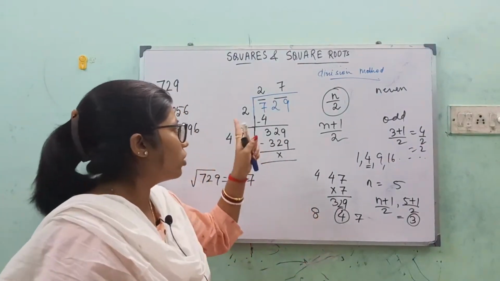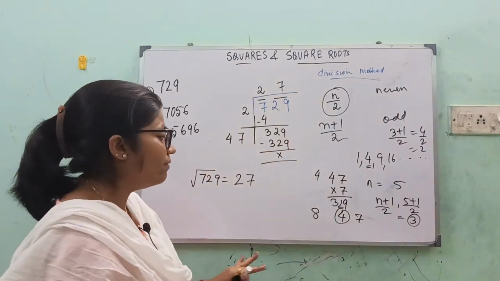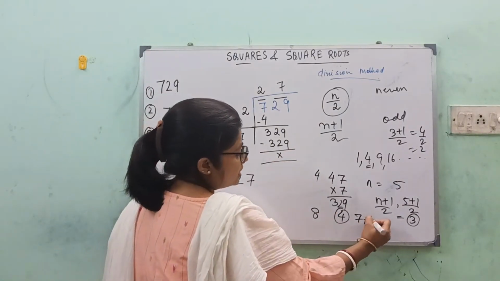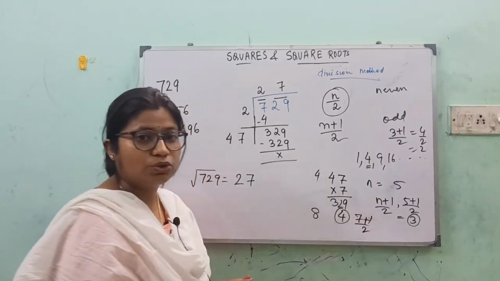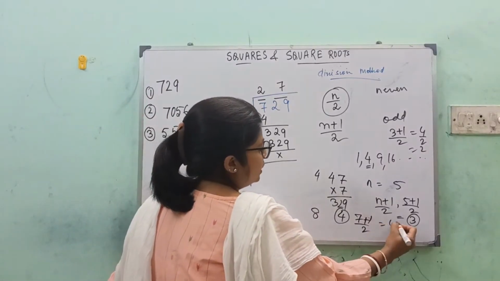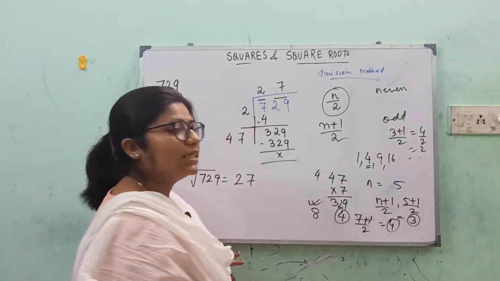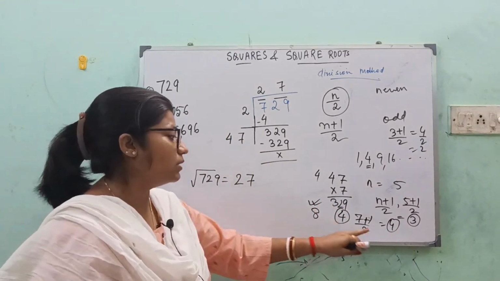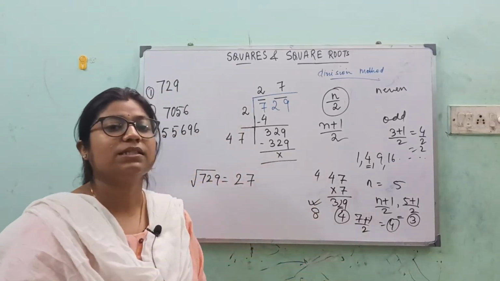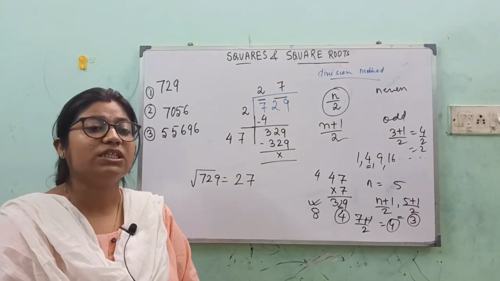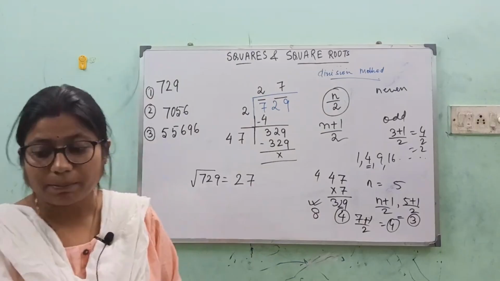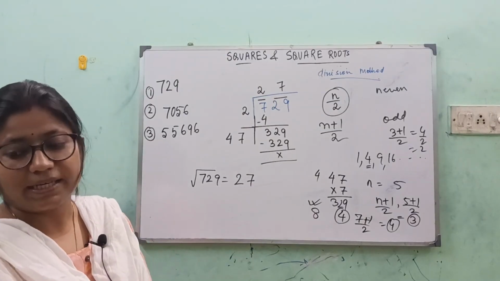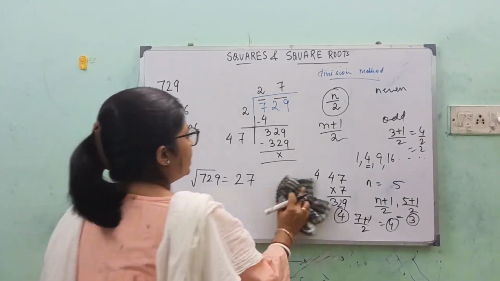So how many periods do you have? 7 plus 1 by 2, 8 by 2, that is 4. That means 8 digits will give you 4 digits in the square root, and a number with 7 digits in the square will also give you 4 digits in its square root. So counting the number of digits is quite clear, I suppose. Okay.